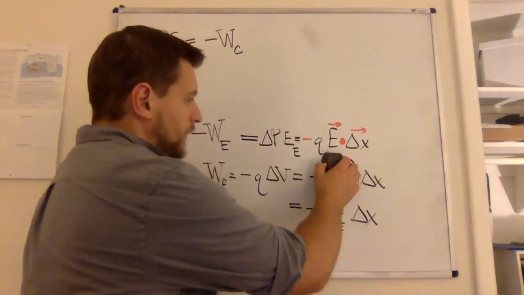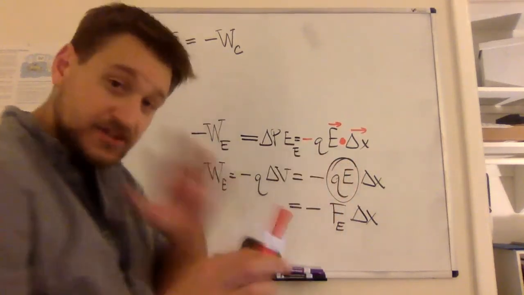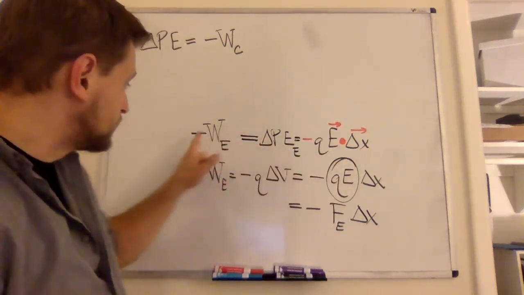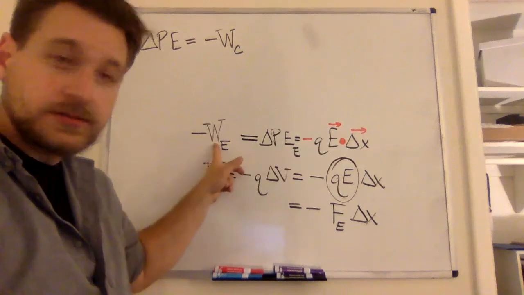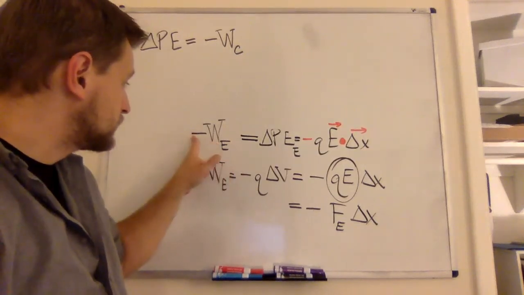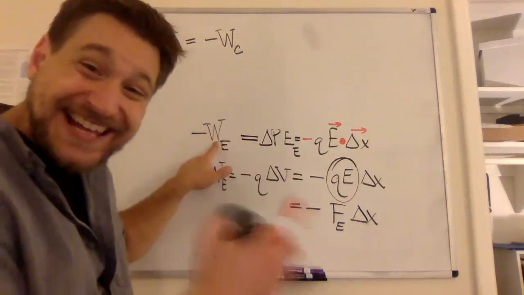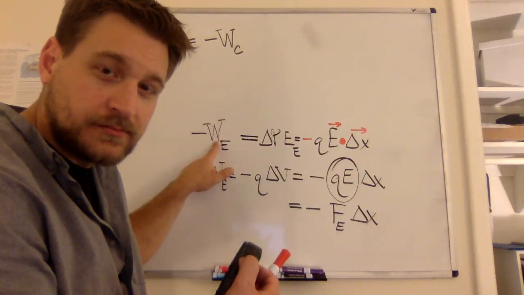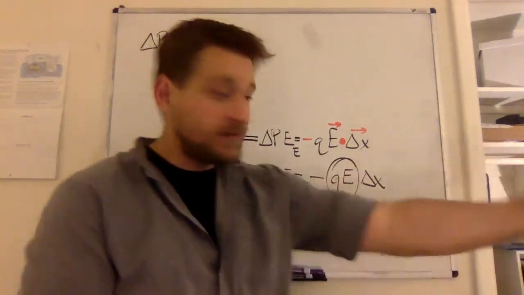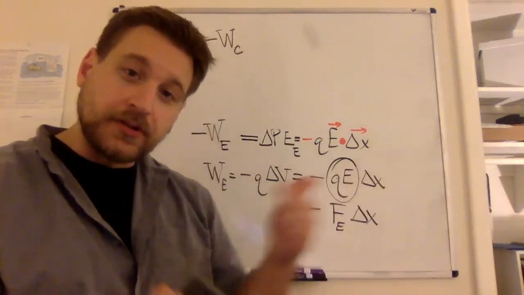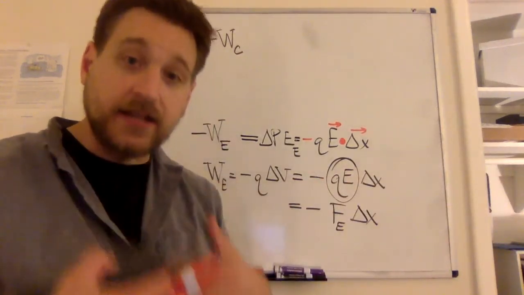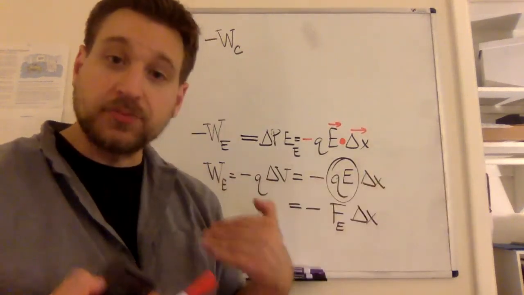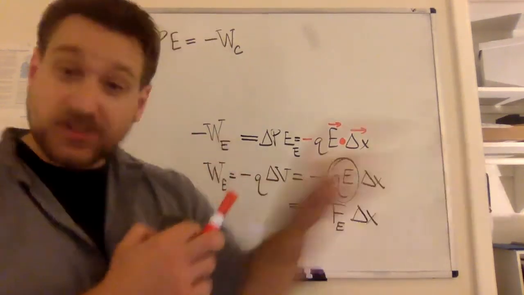It's still true that the change in the potential energy should be the negative of the work done. So the work done by the electric field, right? As we push that positive charge closer and closer to the positive charge making the field, we are doing positive work, but the electric field is trying to push it away.